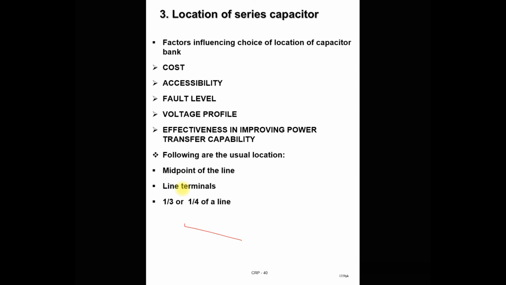After doing this study, you decide which place for the series capacitor is economical from the cost point of view as well as good in terms of technical point of view. So before putting the series capacitor at any location, you require a detailed study of that particular system. Then you put the series capacitor at the appropriate place.